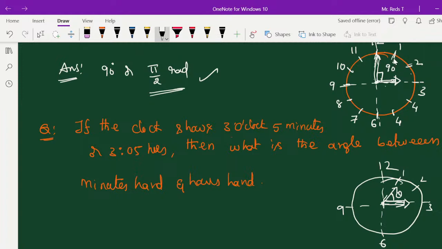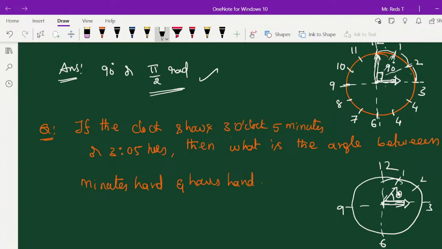If you draw one small line here and one small line here, one quadrant can be divided into 3 equal arcs of equal length. So the angle subtended by each arc is 30 degrees.